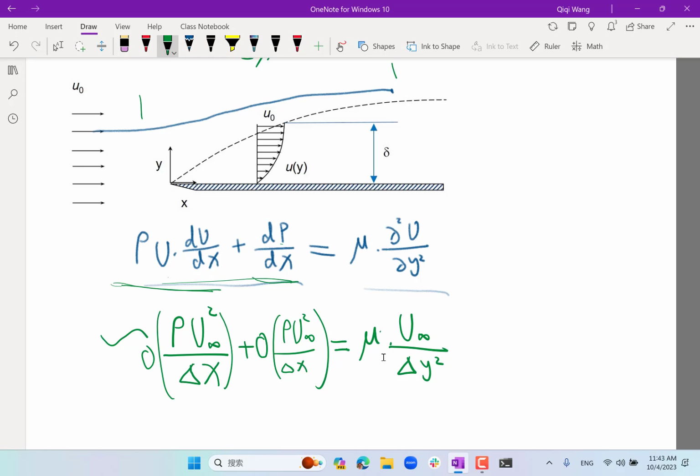If it is small, then I can approximately say that the left-hand side terms sum to 0, which means Bernoulli's equation is still approximately true.